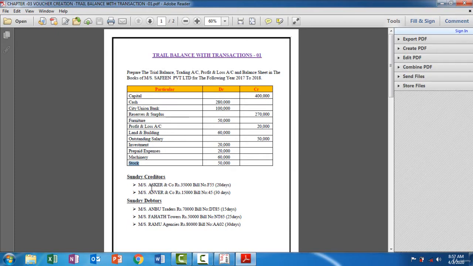Next one is Sundry creditors and Sundry debtors. We have to enter the amount. First one is the Sundry creditors. Asker Co Company 35,000. Amount we have to pay. It is a current liability and the bill number is F55, 20 days.